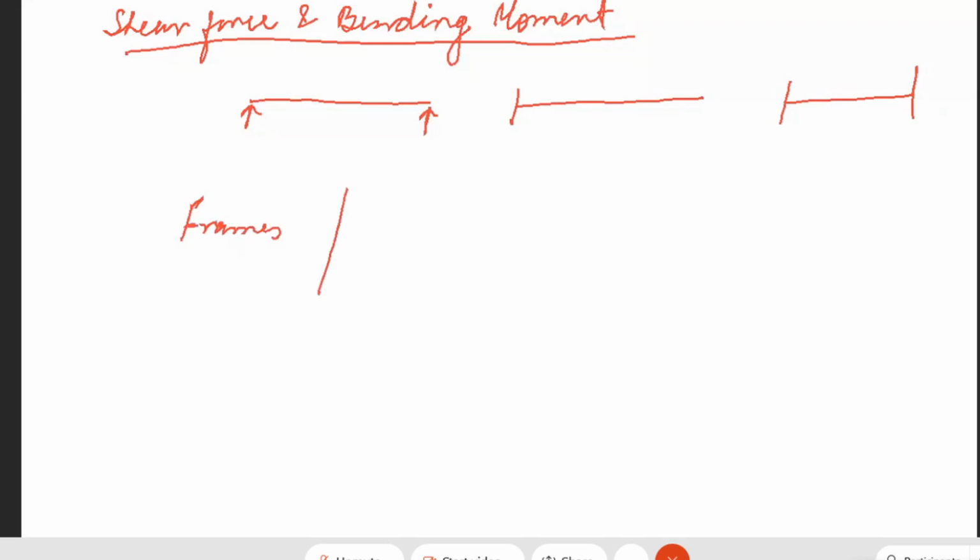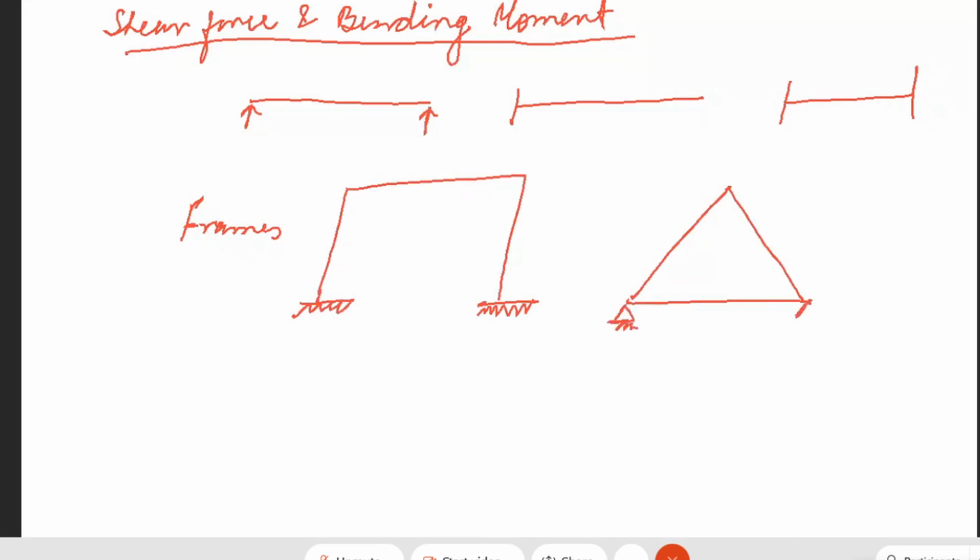This is a simple portal frame fixed at two ends. Then we have different types of trusses, which are connected by pin joints. They can be connected at all three points. These are trusses and frames.